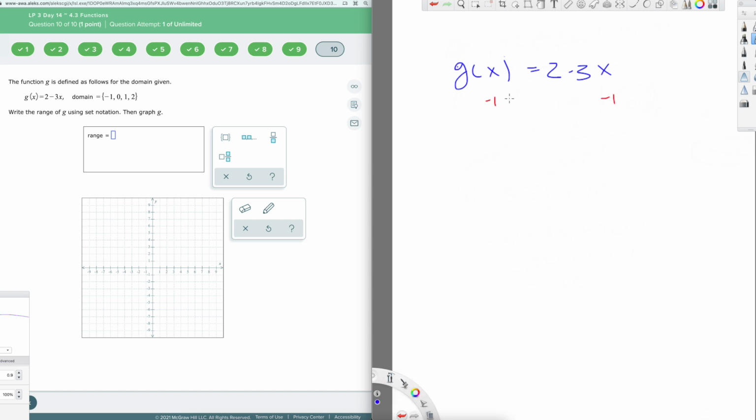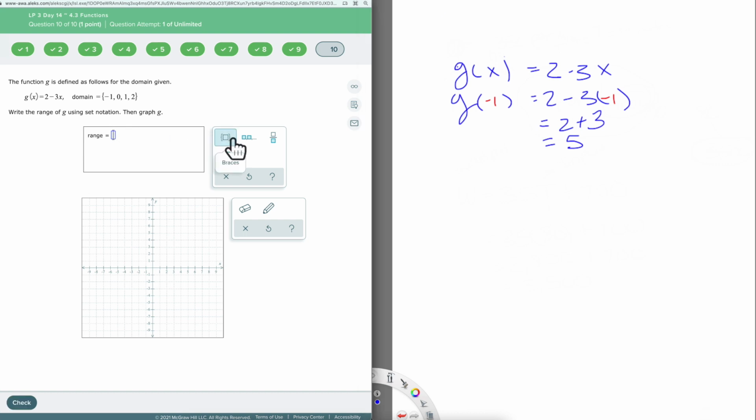And it's going to equal 2 minus 3 times -1. So -3 times -1, do the multiplication first. That gives you a +3 plus 2, which gives us 5. So that is our first output. That's our first range piece here. So we want to make sure we click the little braces, those little fancy brackets. 5 is our first one.